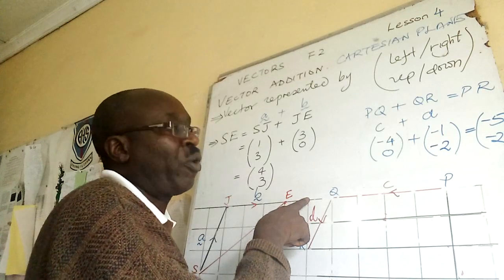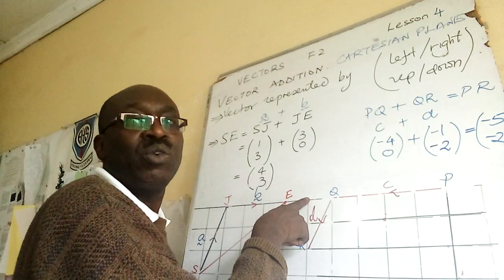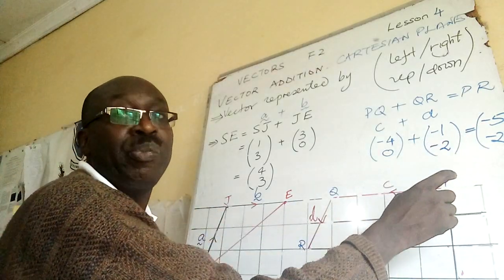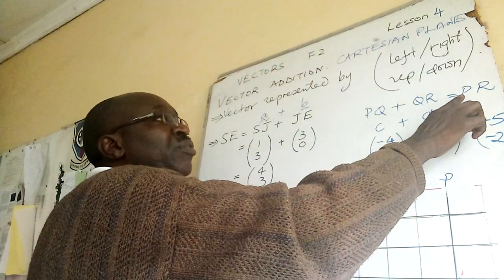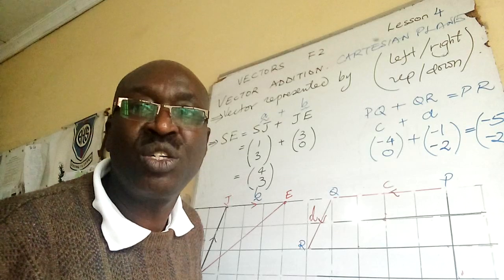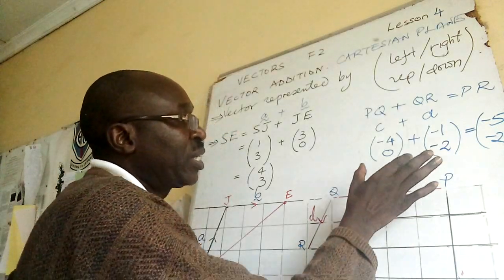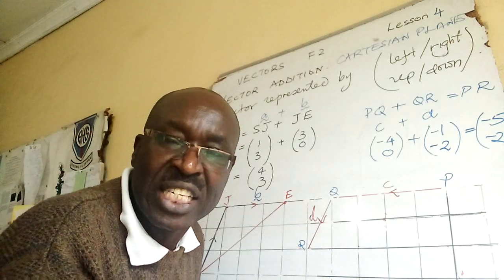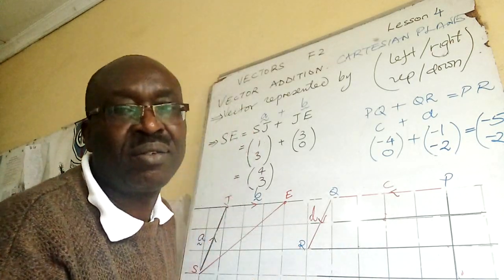After this stopover, you go down by 2 steps. 1, 2. So this represents movement from P directly to R. This side show me 2 vectors the way they are added.